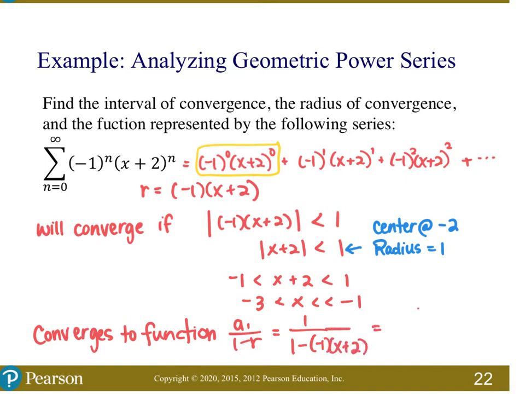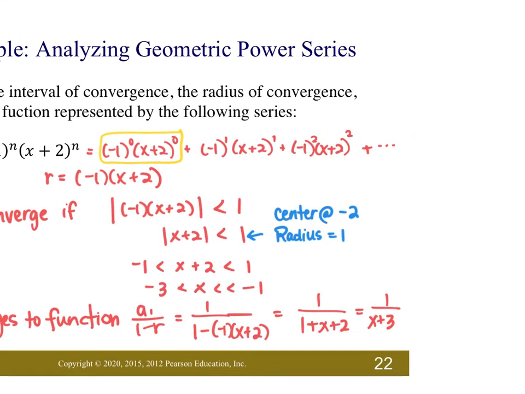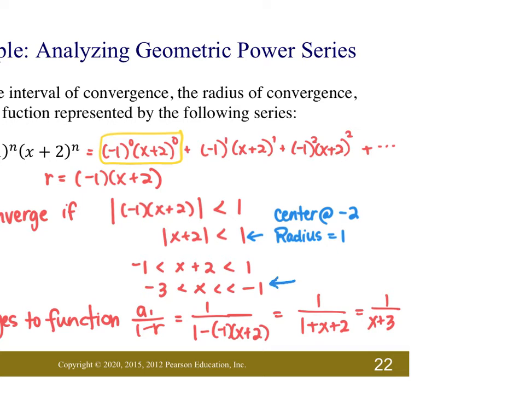So this will converge to the function 1 over 1 plus x plus 2, or 1 over x plus 3, as long as x stays within the interval of convergence from -3 to -1. So let's just label everything. Here's my interval, and here is my convergence function.